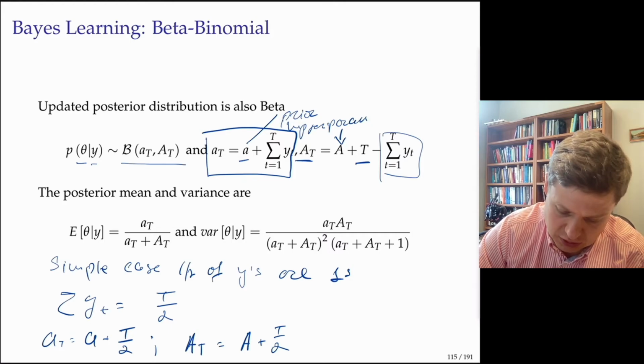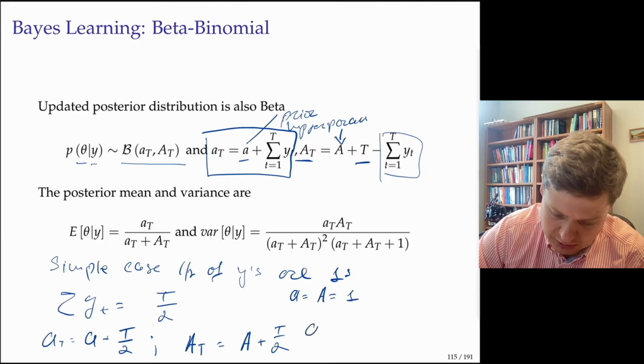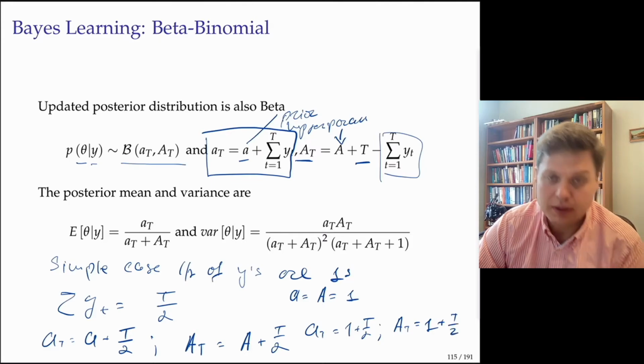And so let's say you started with small a and capital A equal to 1. Then in this case, your new a_t will be 1 plus t over 2, and the new parameter A_t is going to be 1 plus t over 2.